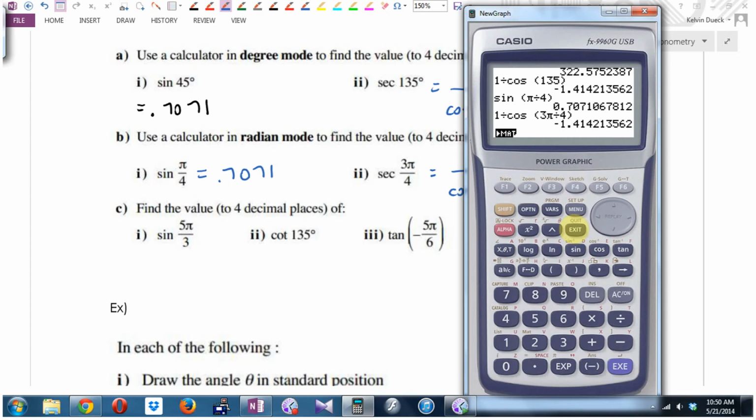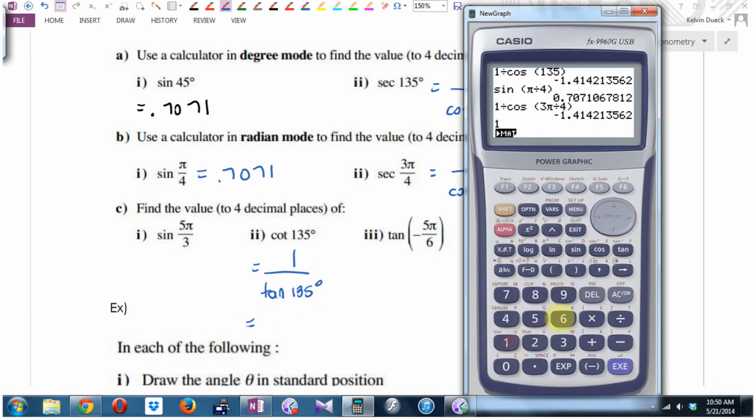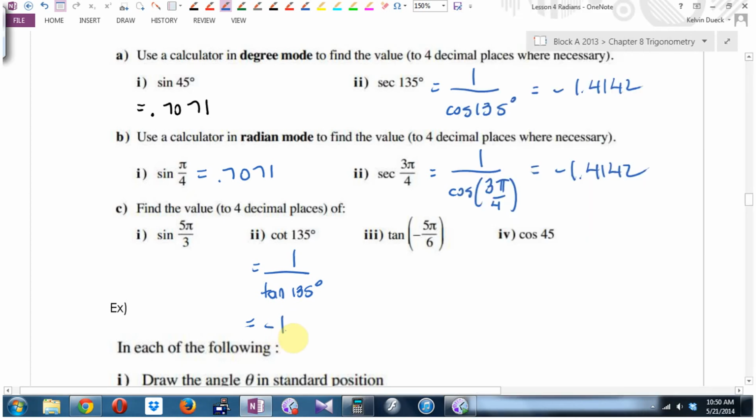So I'm going to do the second question. Cotangent of 135, that's going to be 1 divided by the tangent of 135 degrees. 1 divided by the tangent of 135 degrees. Do you get negative 1? Okay.